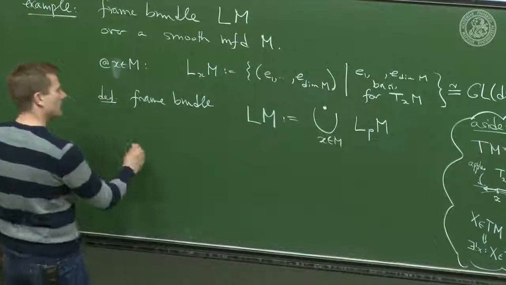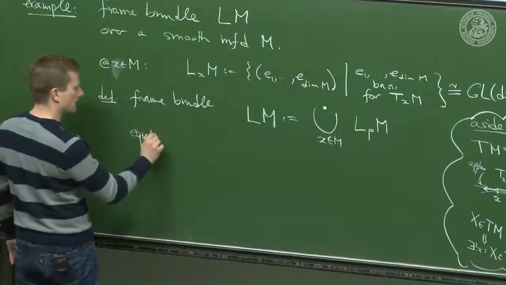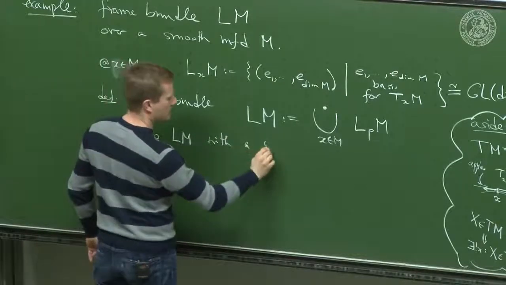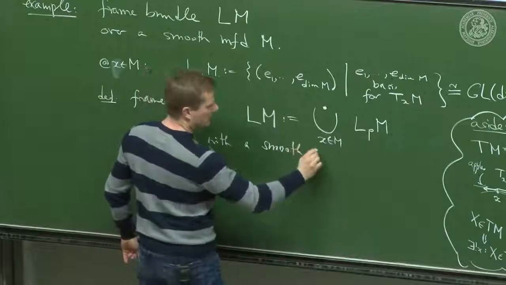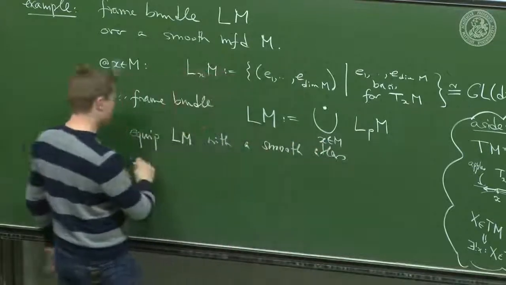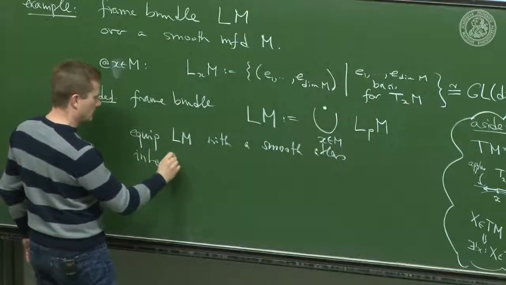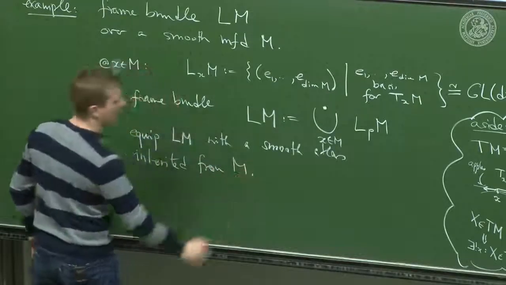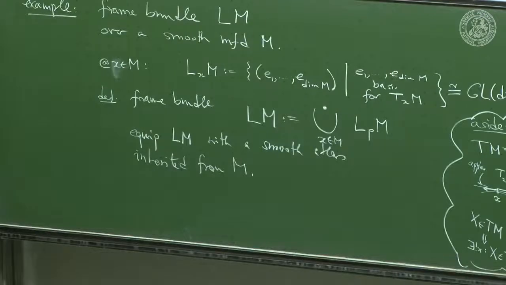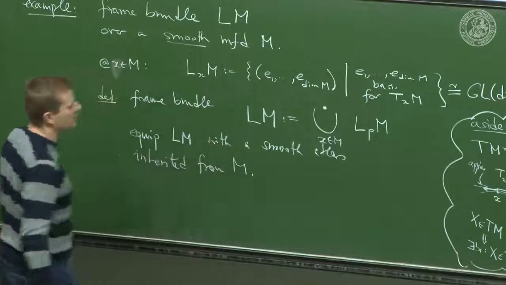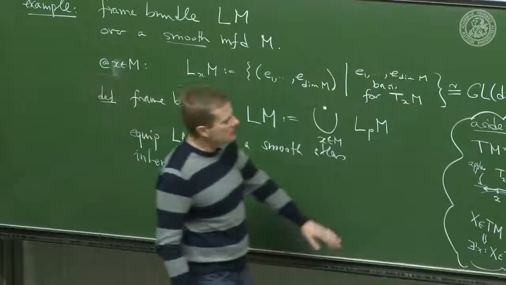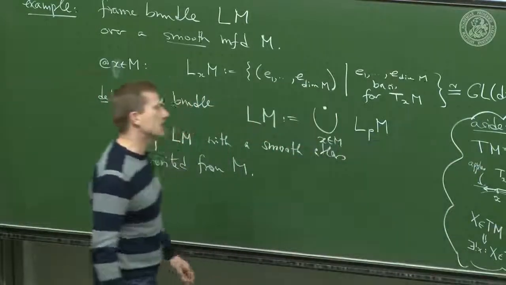So we equip LM with a smooth atlas inherited from the smooth atlas on M, which must carry a smooth atlas because we assumed M to be a smooth manifold. And this works in complete analogy to how it worked for the tangent bundle.